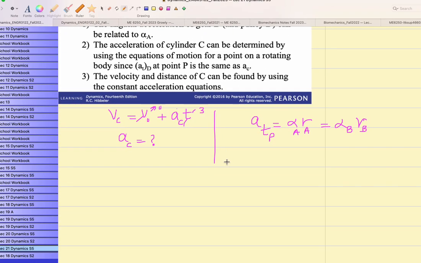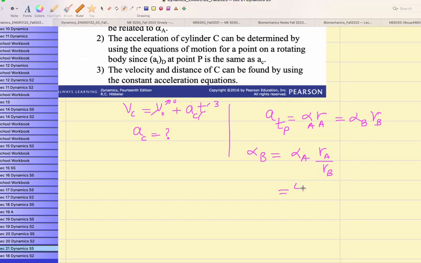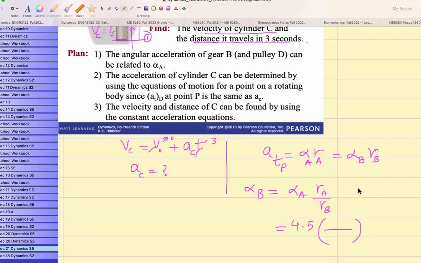Can you find alpha_B from here? Alpha_B equals alpha_A R_A over R_B, and alpha_A is given as 4.5. R_A and R_B are in a ratio, so the units don't matter right now.